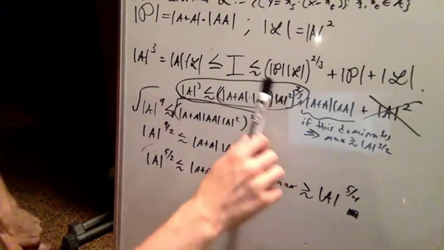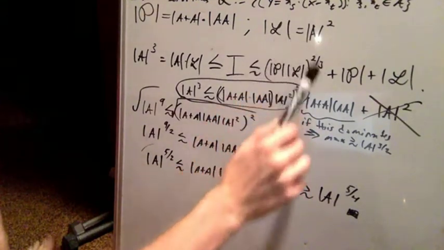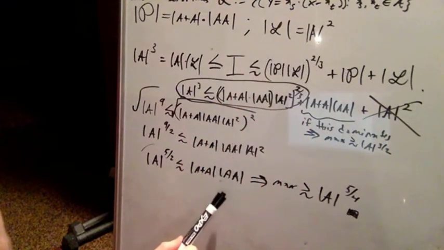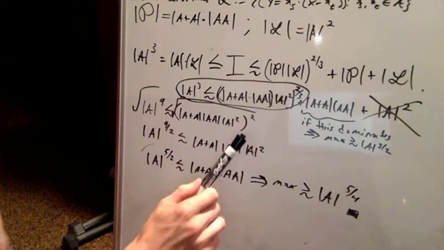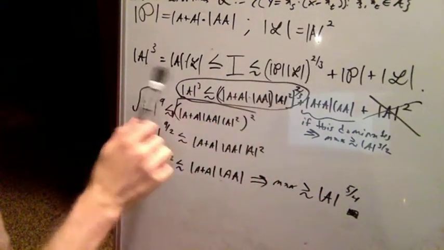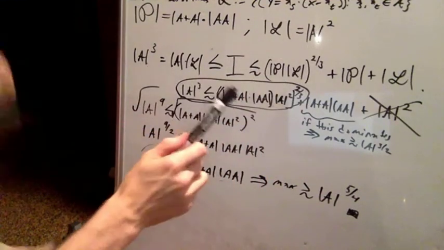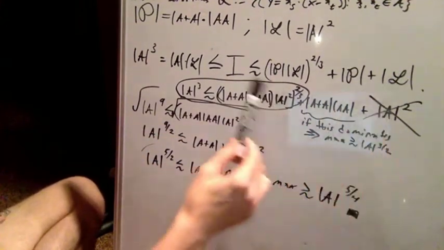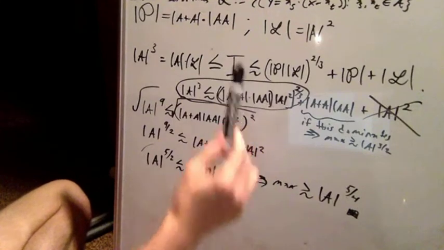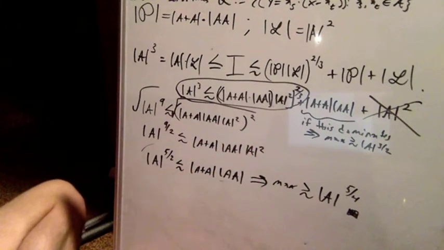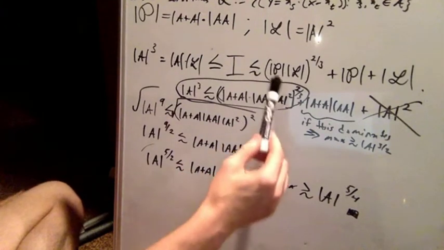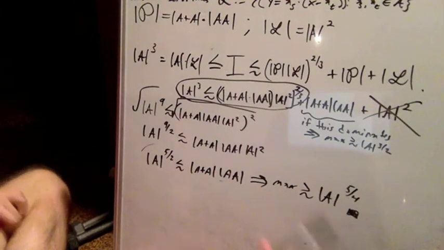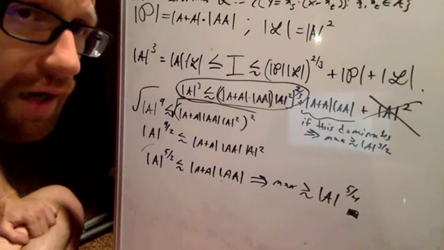And so what we said was, well, this is probably the hard case. So let's assume this term dominates. And we have to do a little bit of arithmetic if this term dominates. But if this is bigger than A cubed, we still win. Oh, and just a word on why, I've got this plus this plus this, why am I just picking one at a time? Well, this is an asymptotic estimate. So I'm going to assume that one of them is bigger than the other two. And if not, then I just throw in a multiplicative constant, right?